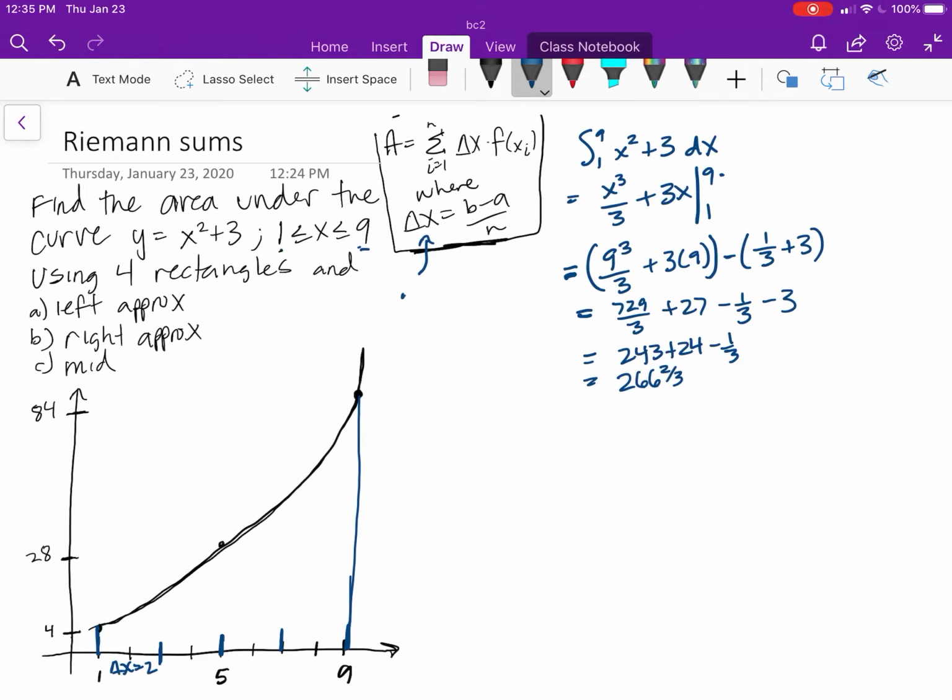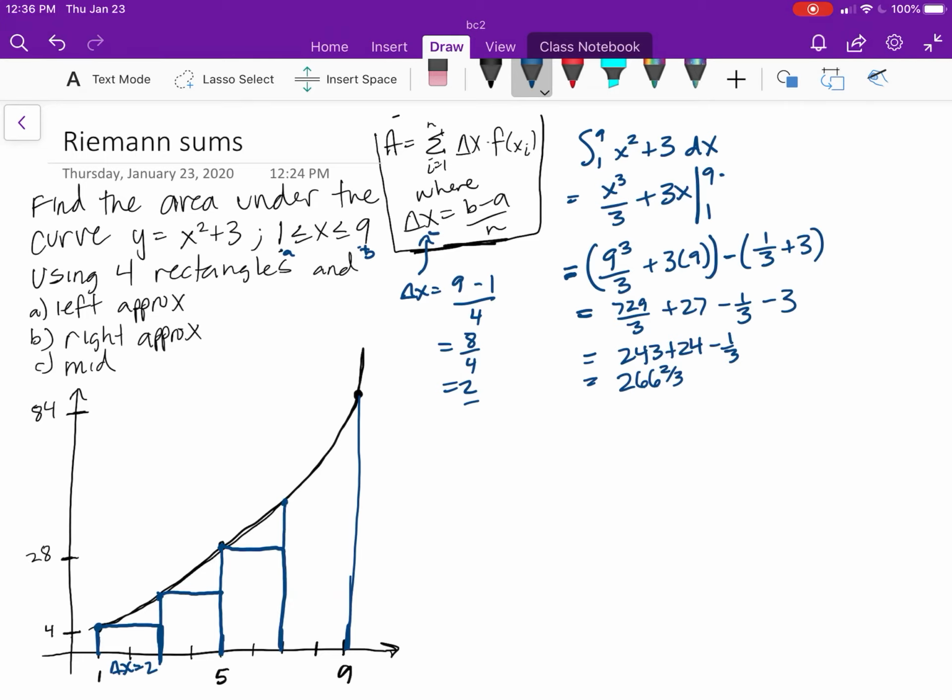We may need to do delta x equals b minus a all over n, 9 minus 1 over 4 rectangles, and we get 8 over 4, which is 2. But again, if it's not a whole number, we may need to rely on this. So the left rectangle is saying start at your left endpoint, draw a rectangle to the next endpoint, start at your left endpoint where f of x is, draw a rectangle to your next endpoint, and keep going.